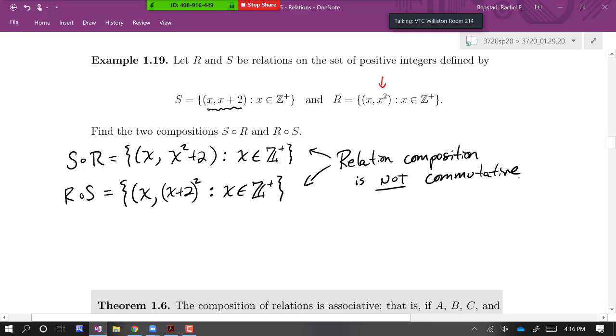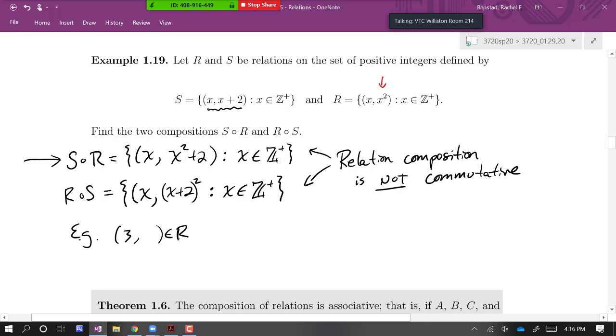So if we did just a couple of concrete examples here to see how this works, let's look at S composed with R. First, if we take the integer 3, what is that related to in the R relation?